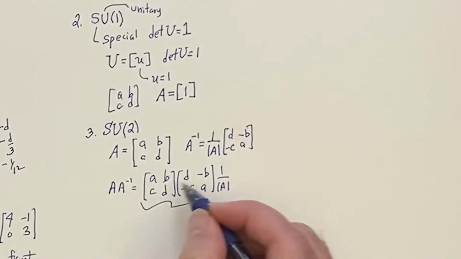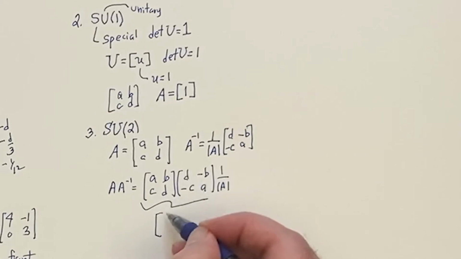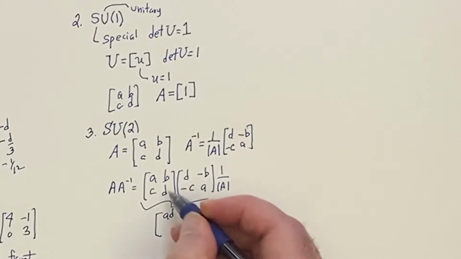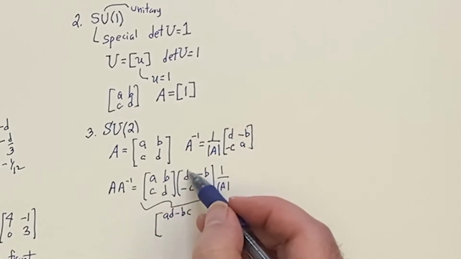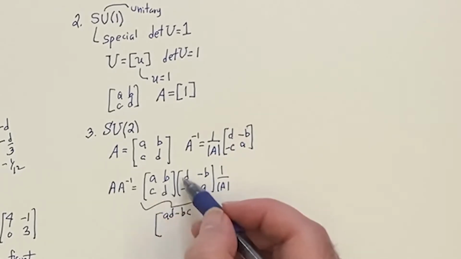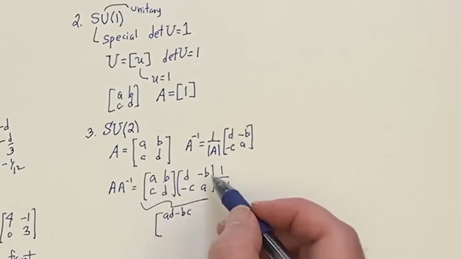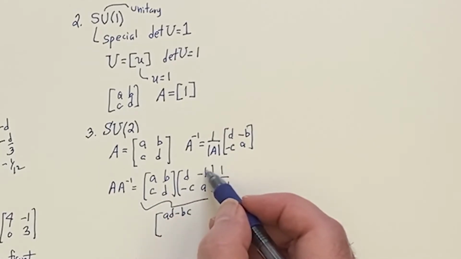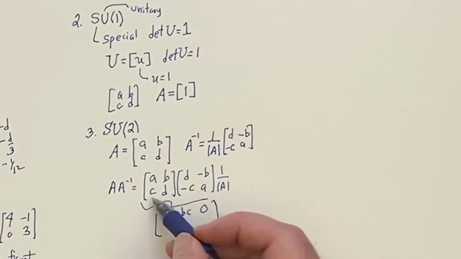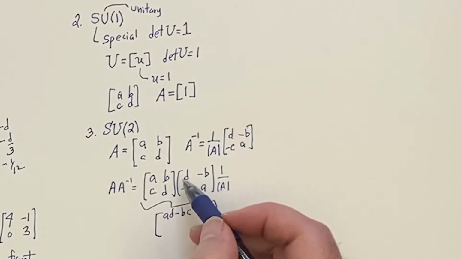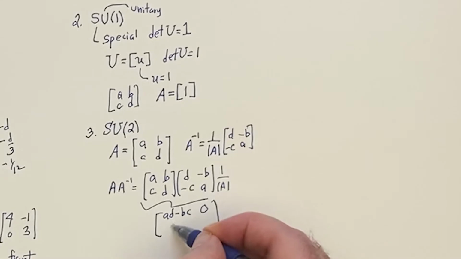So if you look, this is going to be A times D minus B times C, A times D minus B times C. You take that sideways like that. And if you take this sideways on this, you get A times minus B and B times A. That's going to be 0. And then here, C times D plus minus D times C. That's going to be 0.